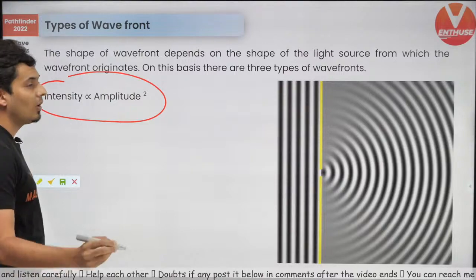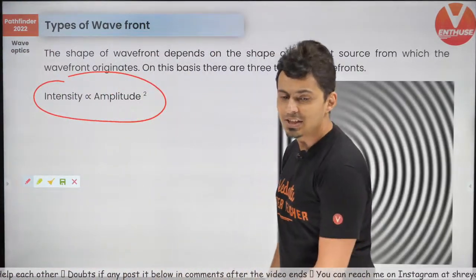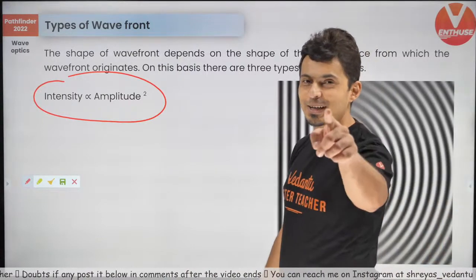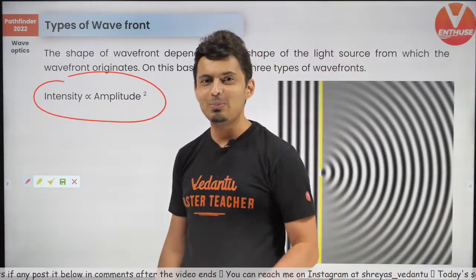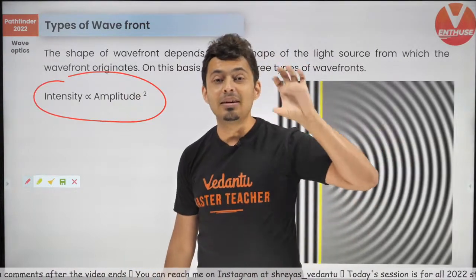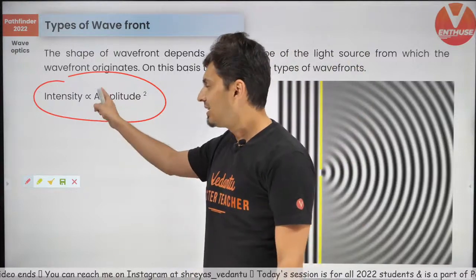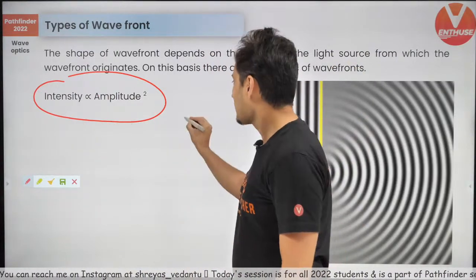Intensity is dependent on the square of the amplitude. Even in the last lecture, I had given you the formula in electromagnetic waves. If you remember correctly, intensity had the electric field amplitude squared. I told you this same thing over there as well.